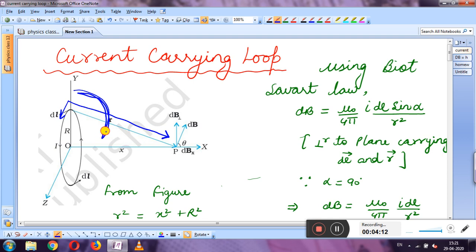There will be so many planes, the figure is very difficult to understand, so you have to pay attention. I cannot do anything. Let us see here. This dl is present in the YZ plane. This line is present in the XY plane.